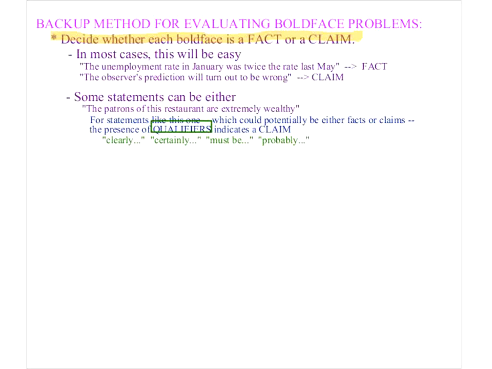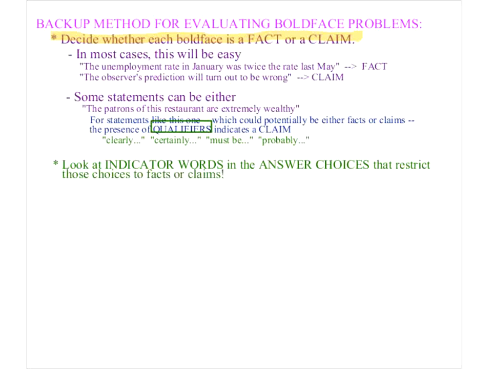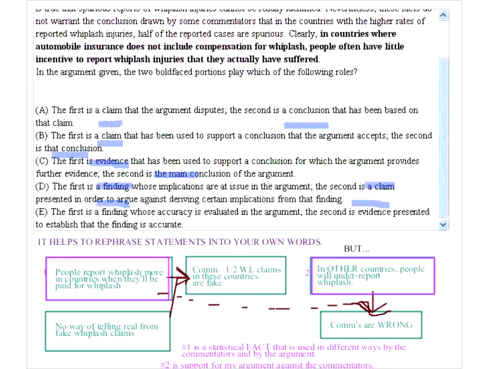Okay, so once you do that, look at indicator words in the answer choices that restrict those choices to facts or claims. For instance, one restriction that we've already seen is that if you say evidence, evidence has to be fact.